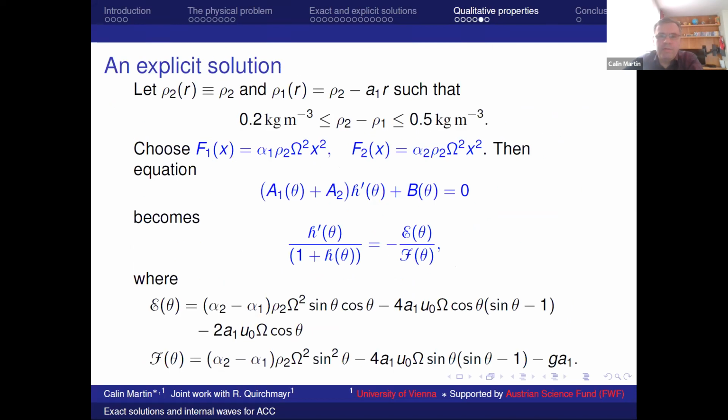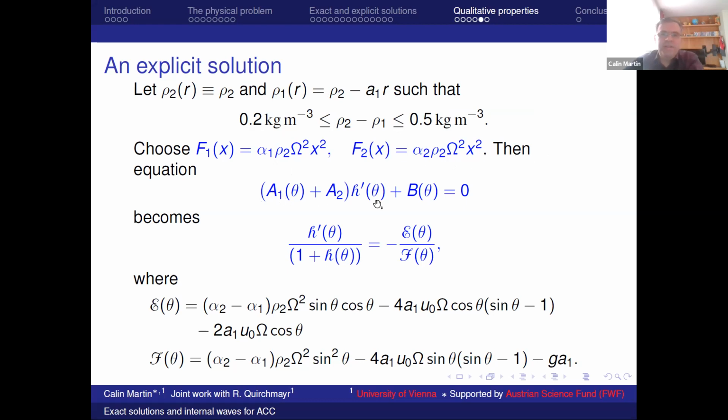And I have one more thing to show. It is possible in certain situations to determine the interface and the surface explicitly. So let's say that the density in the lower layer is constant, and the density in the upper layer deviates from this constant by this A1R, and these variations in density between the lower layer and the upper layer are between these two values. Then we choose F1 and F2, and this corresponds to choosing the velocity field in the two layers.